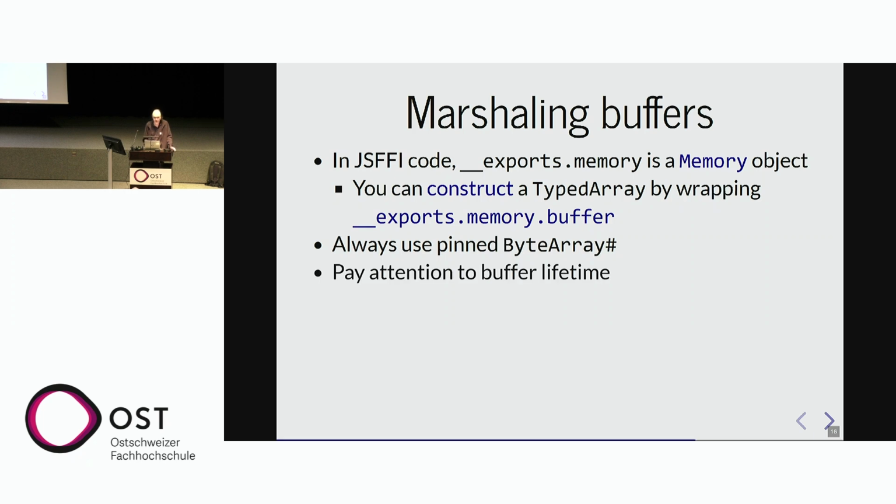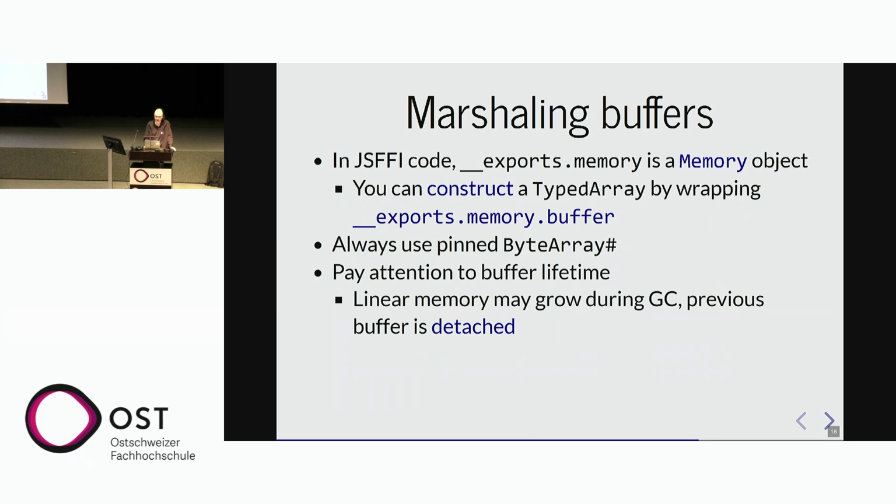And also, you need to pay attention to the lifetimes of the buffer when you pass the buffer between the two sides. So the point is, when we do garbage collection in Haskell, the linear memory may grow because we might be running out of megablocks and we have to allocate new megablocks to extend the heap region.